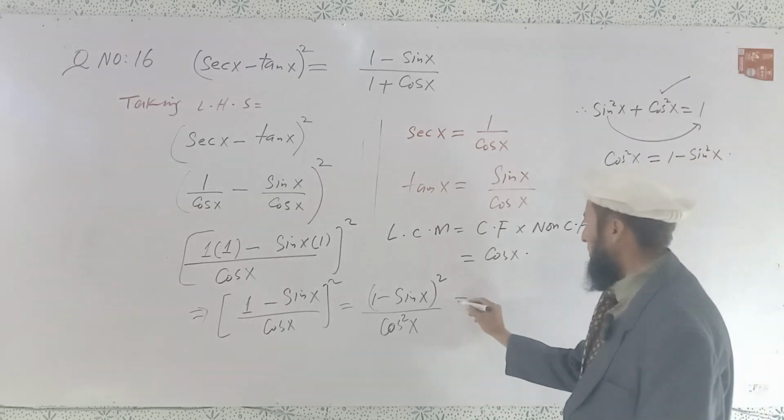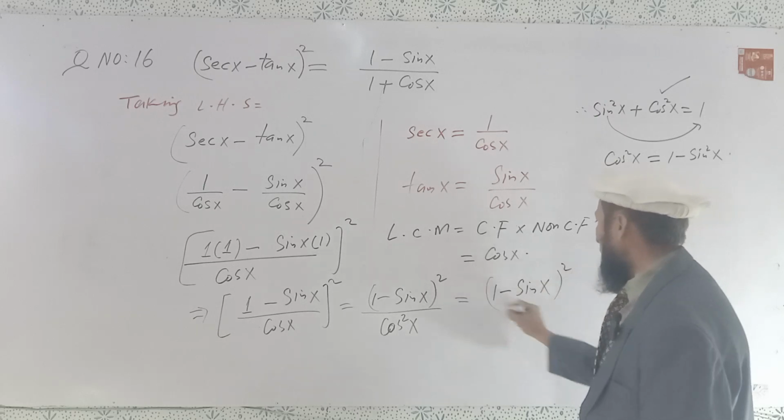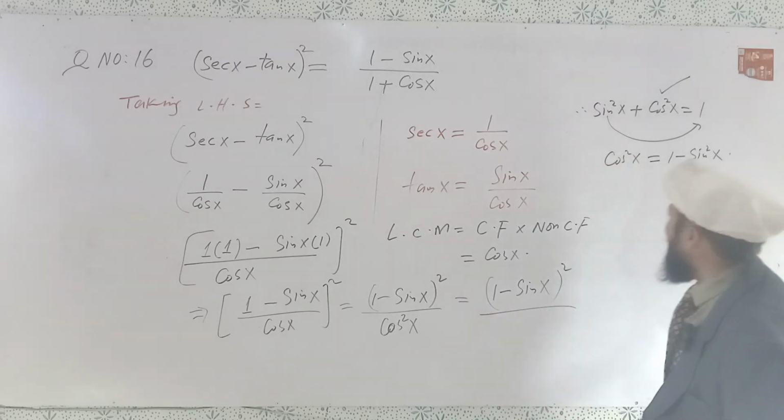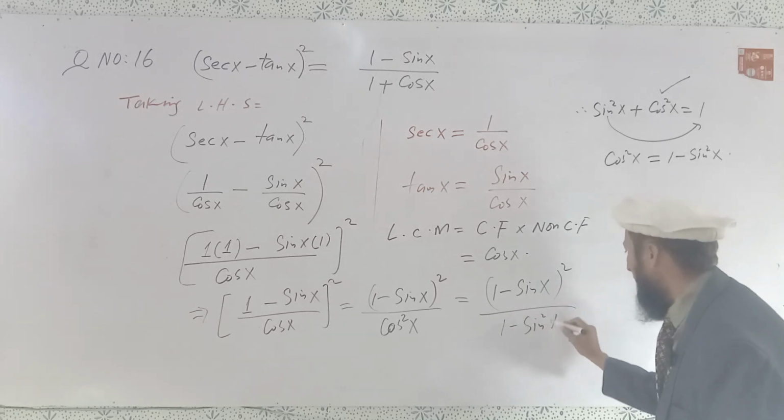Here we put (1 minus sin x) whole square divided by, in place of cos square, 1 minus sin square x.